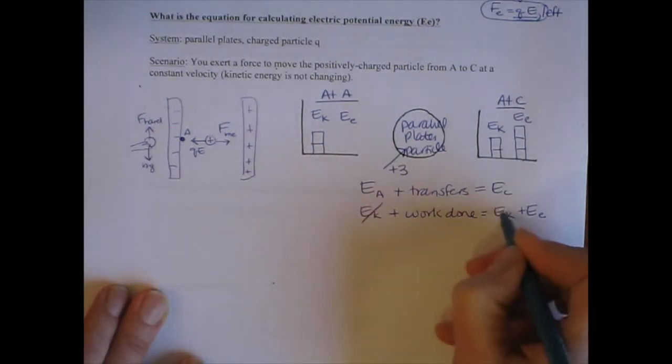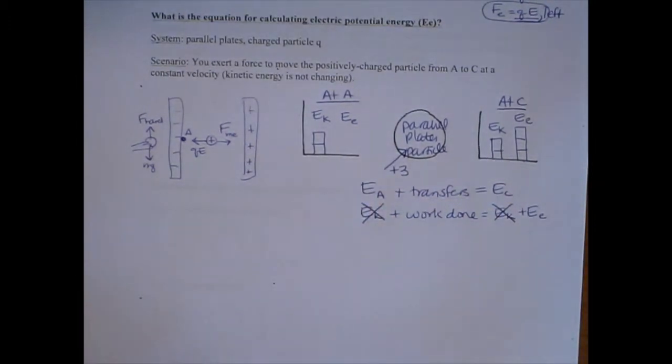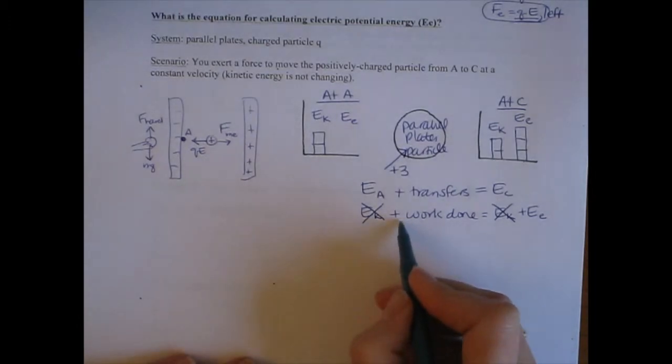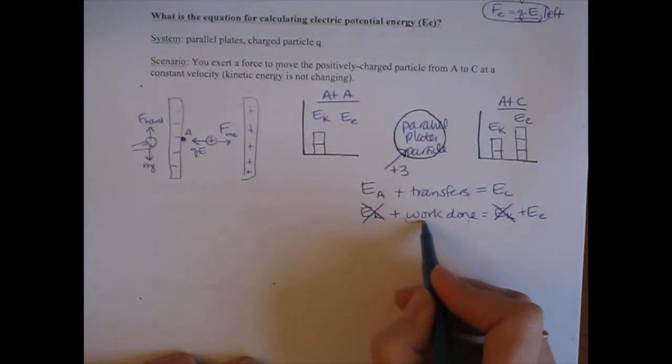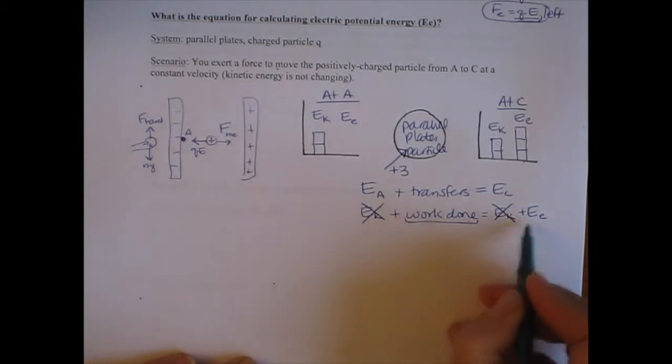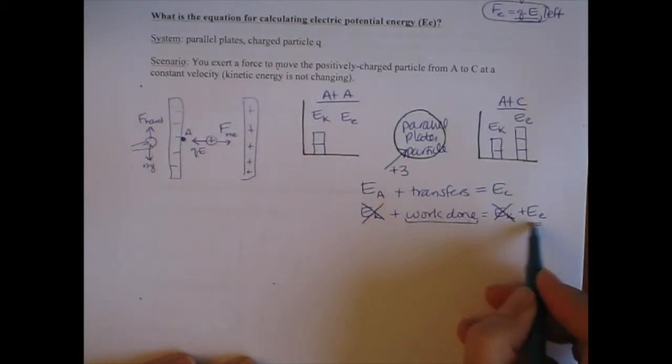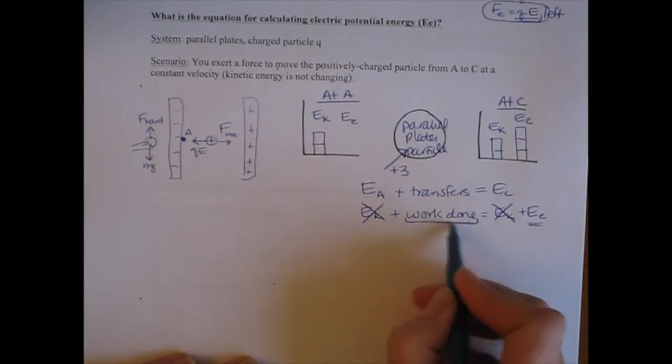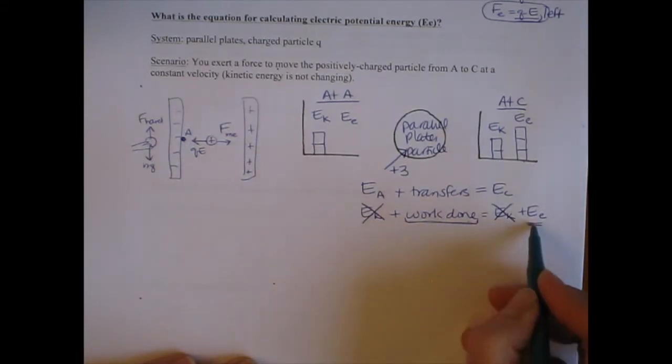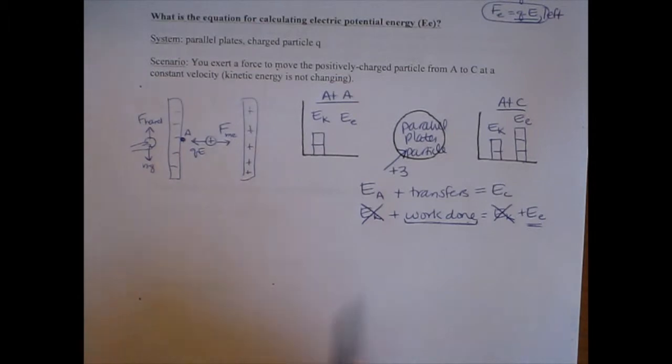Well, the kinetic energies are the same, so they go away. And now the question is, how much work was done? If we can calculate this, then we will know an equation for the electric potential energy. Or rather, if we can write an expression for this in terms of our variables, that gives us an equation. So this is how we derive equations for electric potential energy and other potential energies.